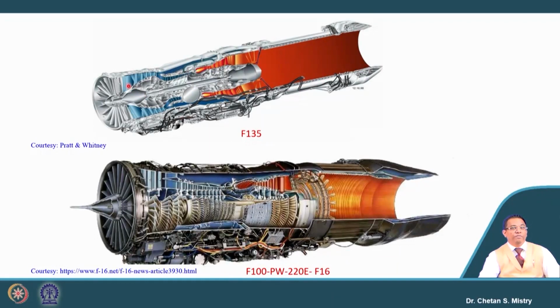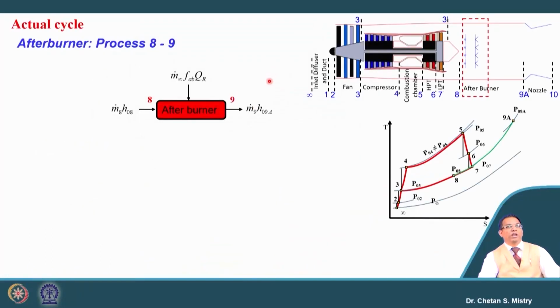So, here also if we look at, we are having a number of fans, that will be followed by HP compressor, that is rotated by HP turbine and LP turbine, and all these configurations are of counter rotating configuration. And here we are having the afterburner, that has been used for augmentation of the thrust. So, let us look at what we mean by afterburner here.